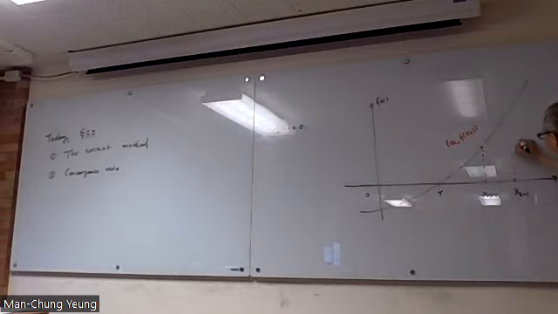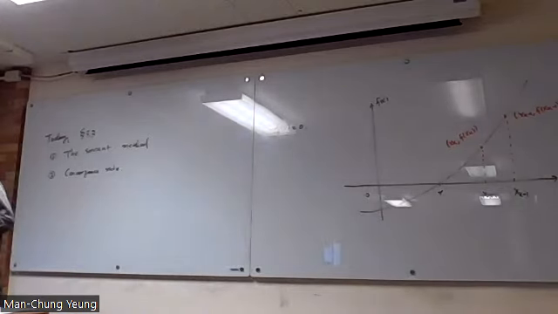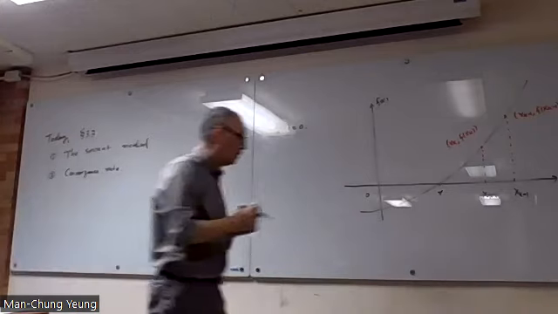And at x_{k-1}, the corresponding point is x_{k-1} with the function value at x_{k-1}. Now, through these 2 points, draw a secant line.